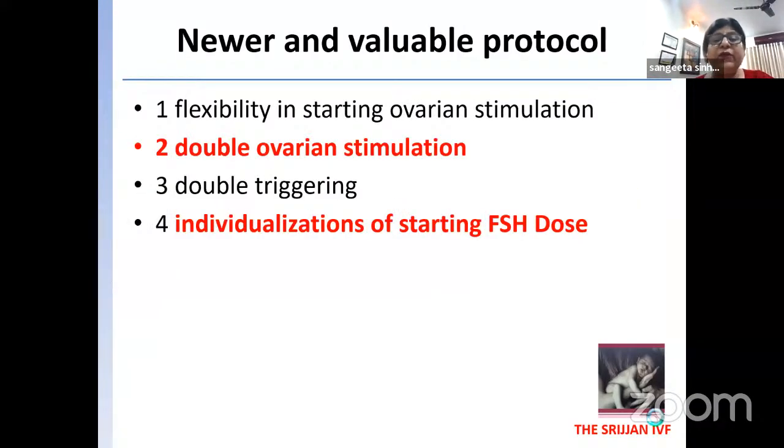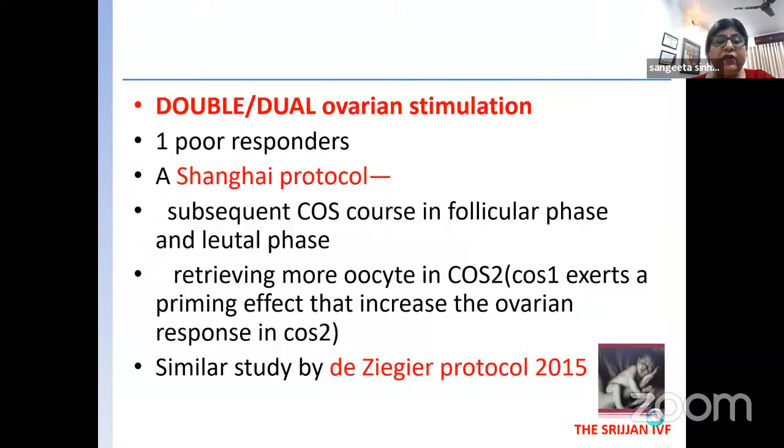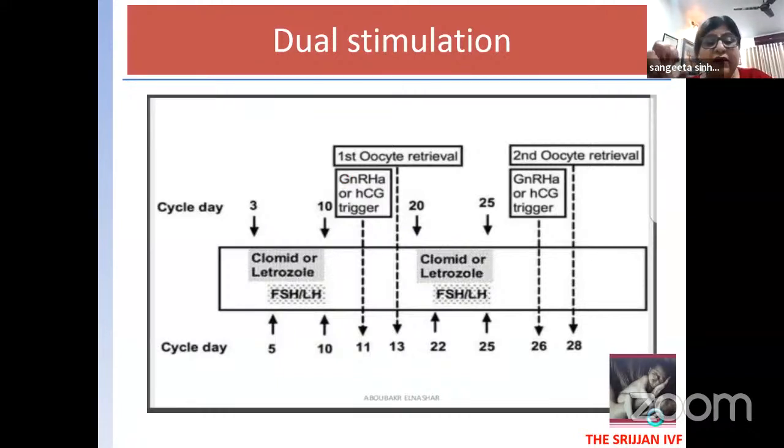Again, there are lots of newer protocols. For elderly patients, like she is 40 and needs her own egg, we can go for double stimulation. I will show you the picture here. So you can start the stimulation and do the pickup. She has an antral follicular count of 4 only, she is 42, but she needs her own egg.